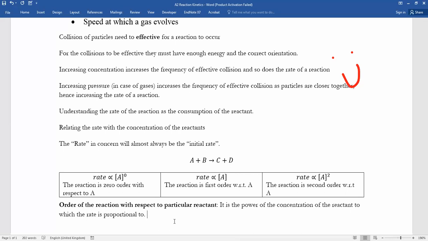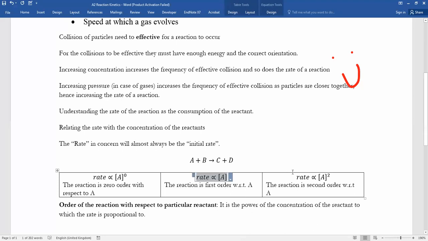Sir, do we then use all these three statements? Well, if I tell you, child, that the order of the reaction with respect to A is 0, you now know, sir, that changing the concentration of A makes no difference to the rate. If I tell you the order, we know mathematics, we know that this can also mean that the rate is directly proportional to the concentration of A. Yes, but if I have to write the order, I'll write that the order of the reaction with respect to A is 1.